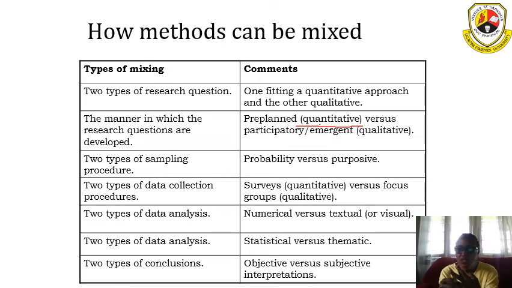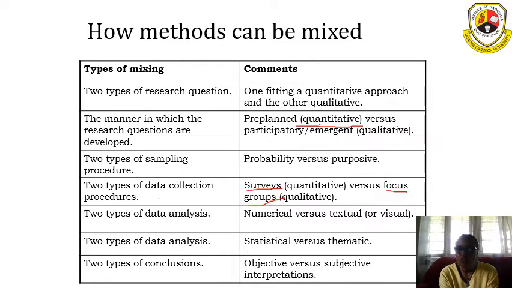So if you find yourself with two types of research, then you also find yourself mixing the two methods. The two types of data collection, where you have two types of data collection procedures. For example, one may have a survey and may also have a focus group discussion. So in that case, one uses mixed methods.